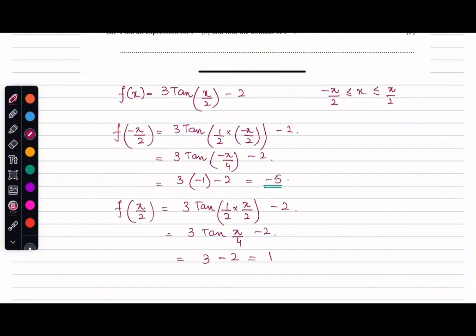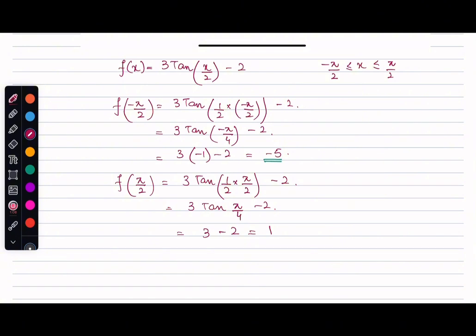So very easily I can tell that the minimum value within negative pi by 2 and pi by 2 is negative 5. So negative 5 is less than or equal to f of x, which is less than or equal to 1. So I have the range as well as the domain of the function here.